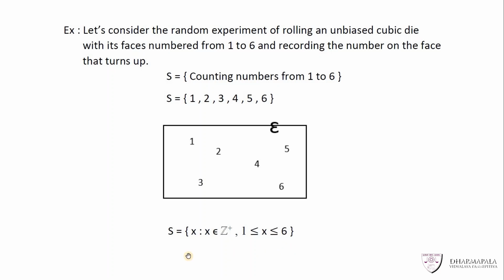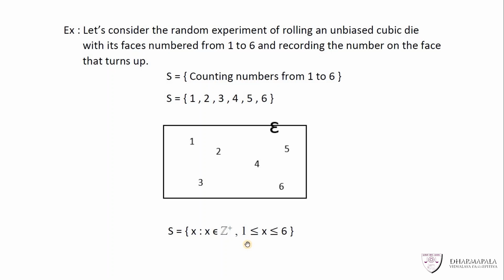The last method, the set builder method: we will describe the sample space using mathematical symbols and other methods. It is clear counting numbers are positive integers. So we will take x as an outcome. x is an outcome or element. It is a positive integer.